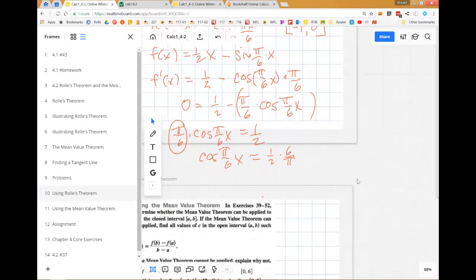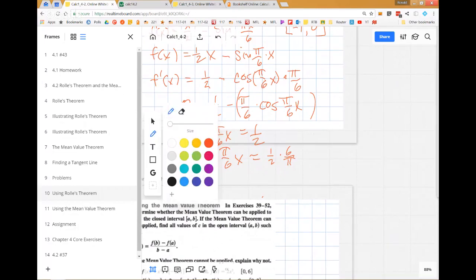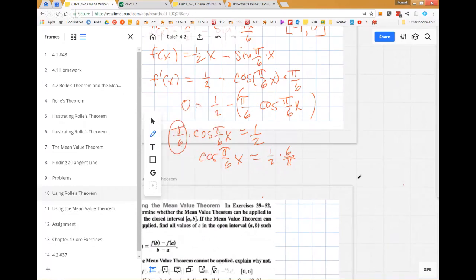So that's cosine of pi over 6x equals 3 over pi.